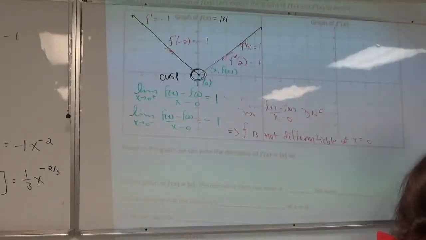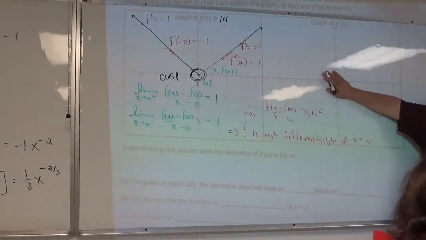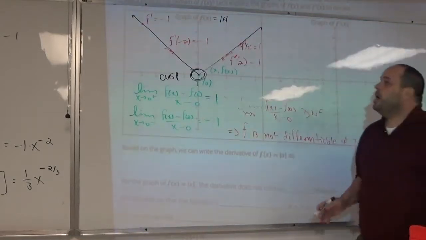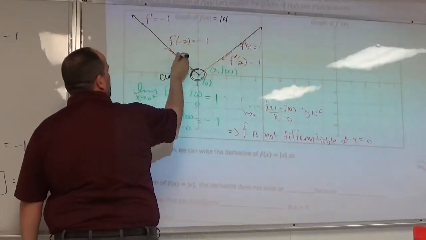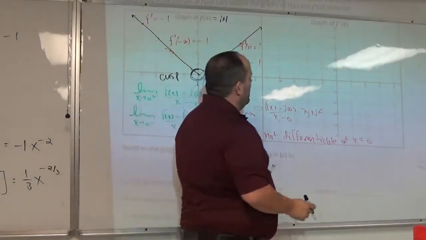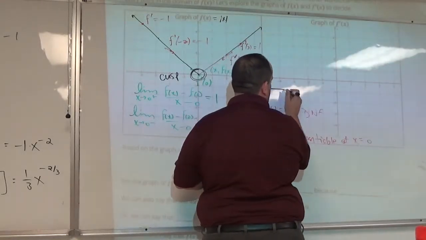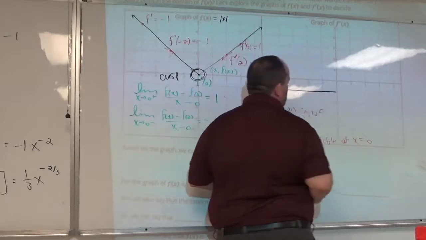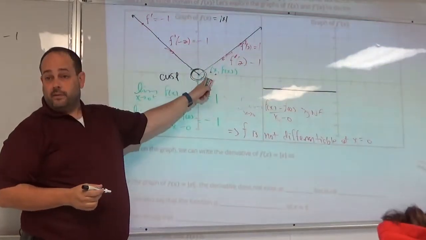Now, here's what I want to do, just to push your thinking a little bit. I want to make a graph over here of the derivative. We found the derivative over here is -1, over here it's -1, over here it's -1. What I want to do is graph those points. What you guys were telling me is that the derivative is always -1 as long as I'm on this part of the graph.